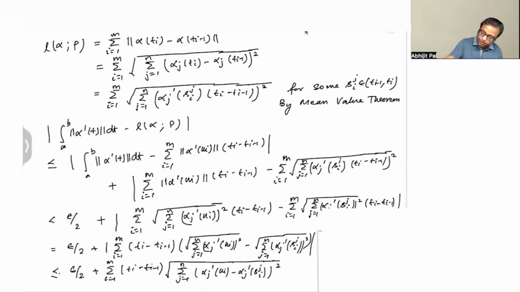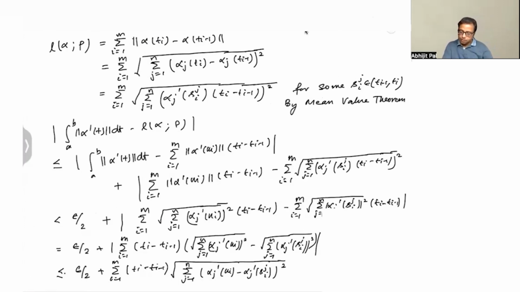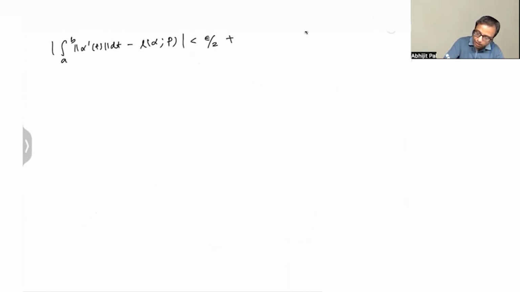So now if I put this thing here, what we'll get is mod of this integral minus length of alpha with respect to this partition is less than epsilon by 2 plus, you can check, something less than epsilon by 2, so this will be equal to epsilon.